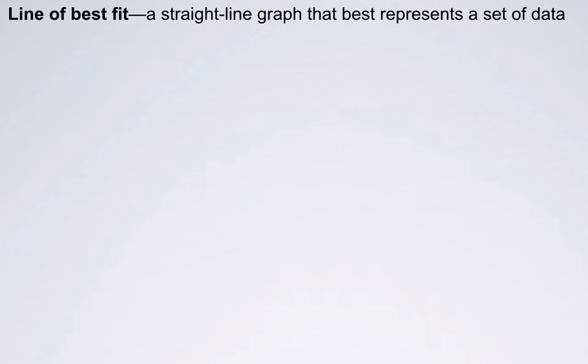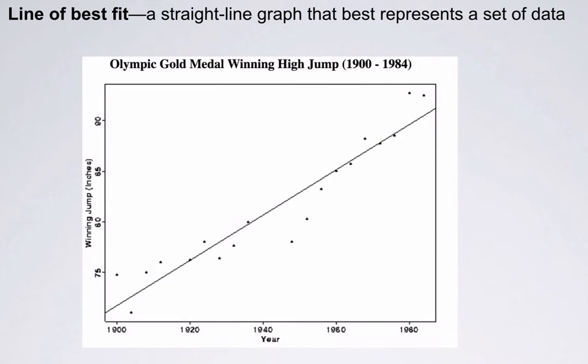A line of best fit, again, is a straight line that best represents that particular set of data. If we look at an example here of the year and the winning jump in the Olympics, you'll notice that they more or less follow a linear pattern. The line of best fit passes through the majority of the points.